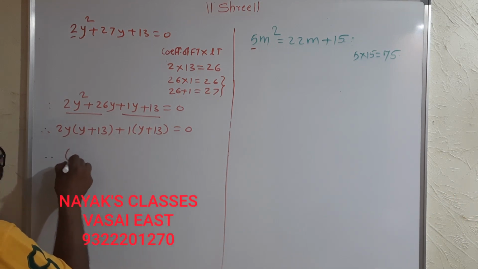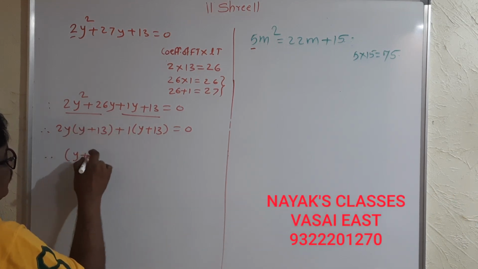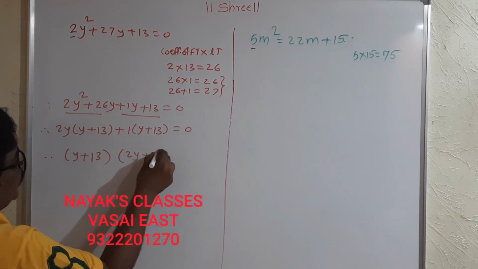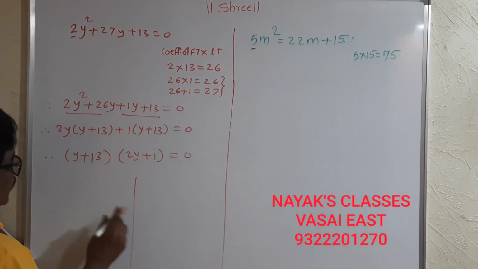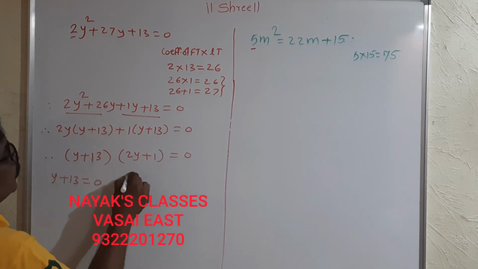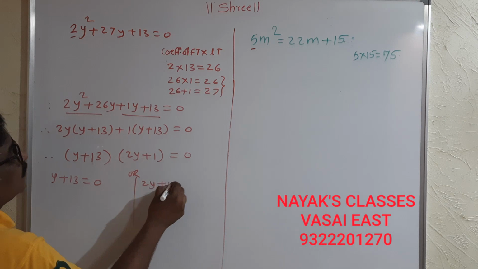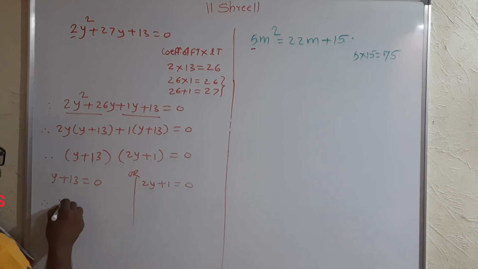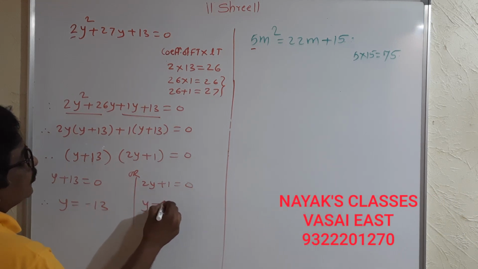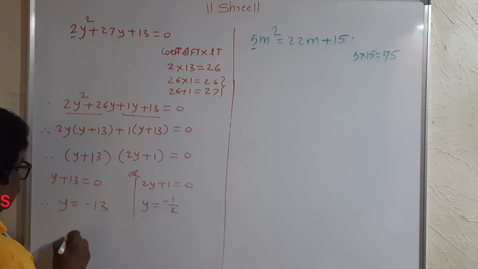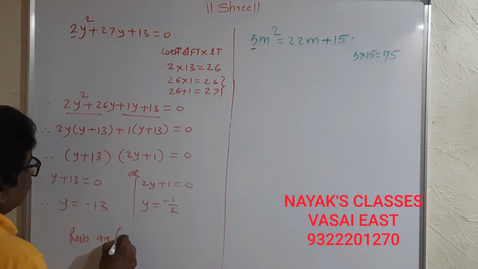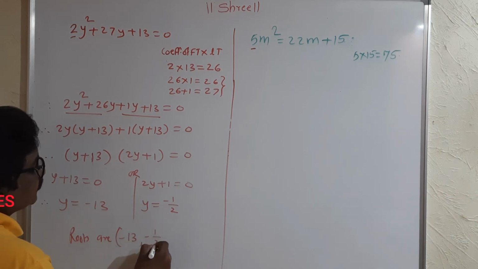So y plus 13 and the remaining is 2y plus 1 is equal to 0. Then y plus 13 is equal to 0 or 2y plus 1 is equal to 0. Therefore, y is equal to minus 13 and y is equal to minus 1 upon 2. So roots are minus 13 and minus 1 upon 2.